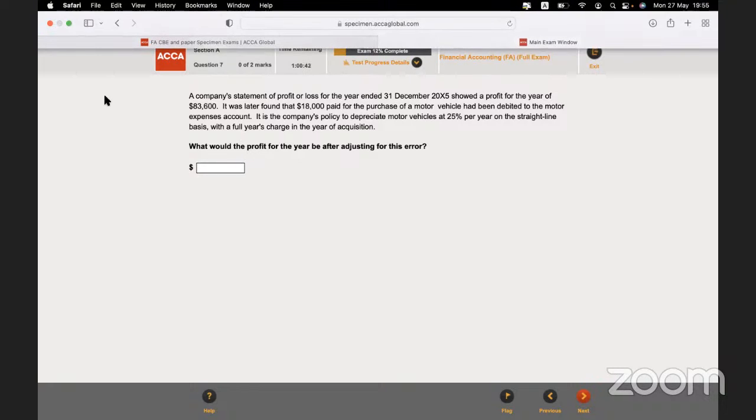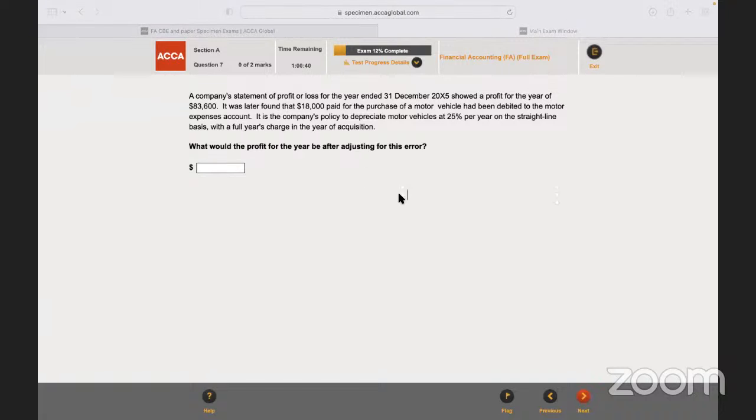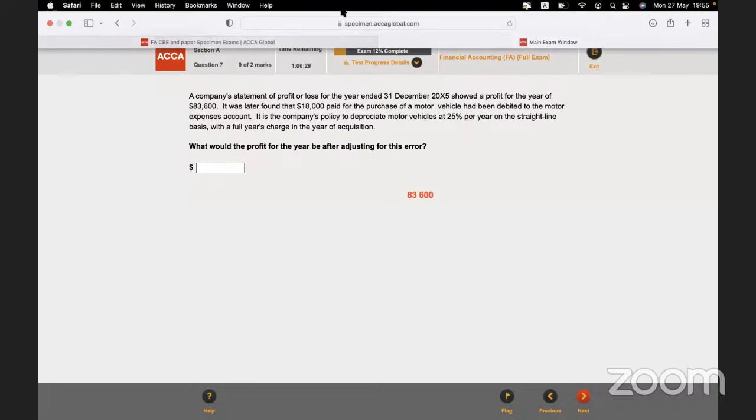Starting itself, they have given you a profit of 83,600. Now, 18,000 paid for a vehicle has been taken to motor vehicle expenses account. So you have to correct that mistake.